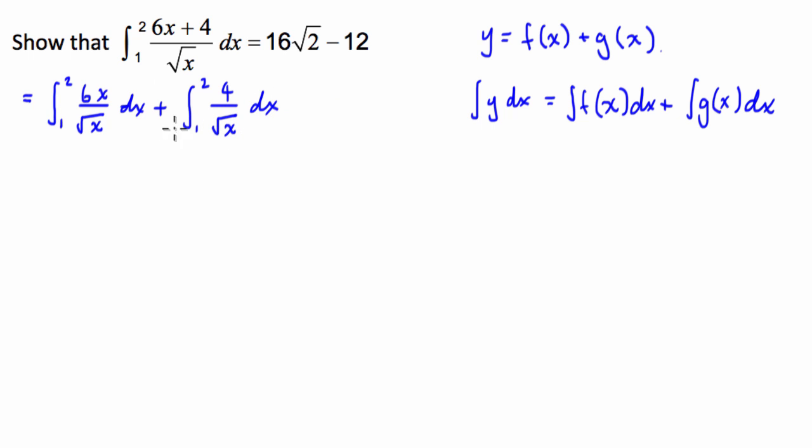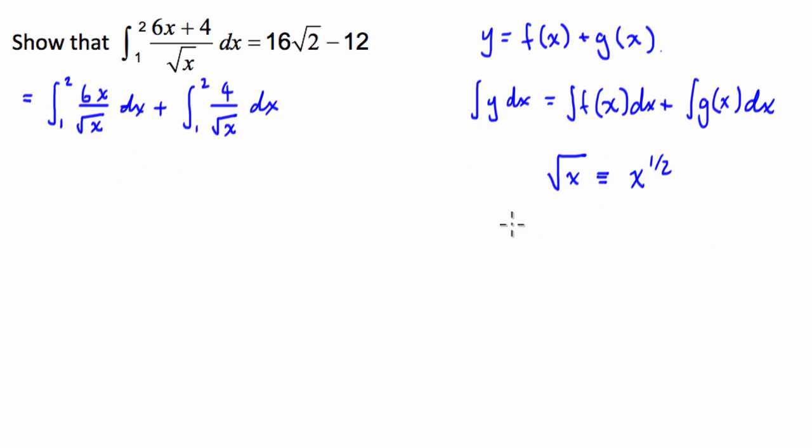Now we're going to simplify this a little bit more. From hopefully pre-calc, your indices laws, you know the square root of x is equivalent to x to the power of 1/2.